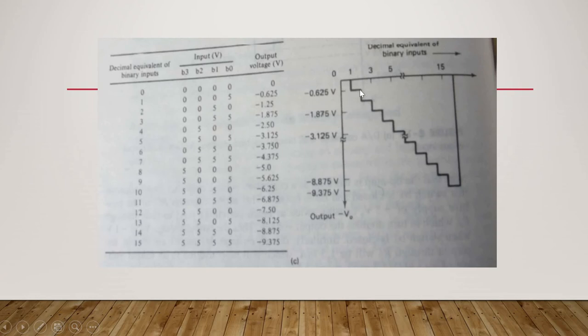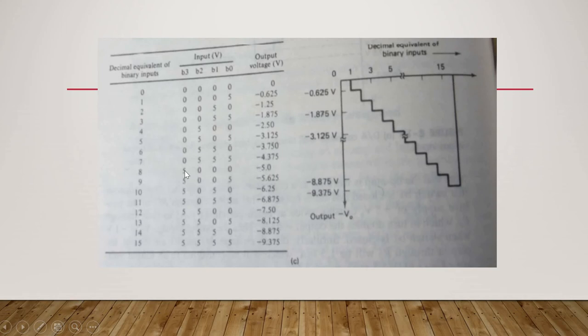Here also the step voltage depends upon the RF value. The maximum value of the output voltage you are going to get, when all the switches are on, is minus 9.375.